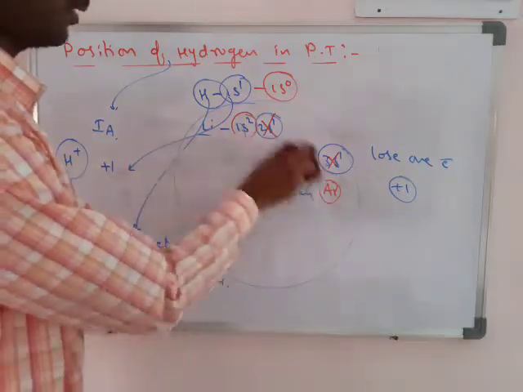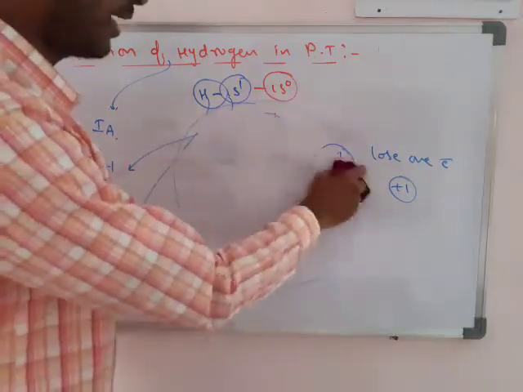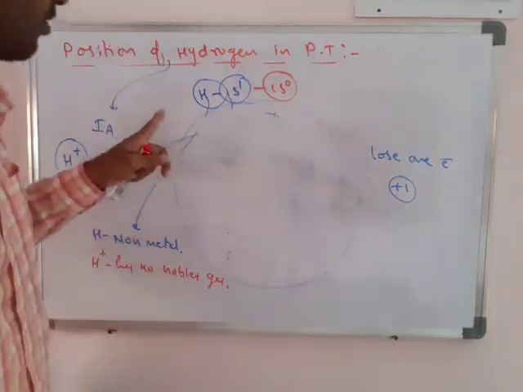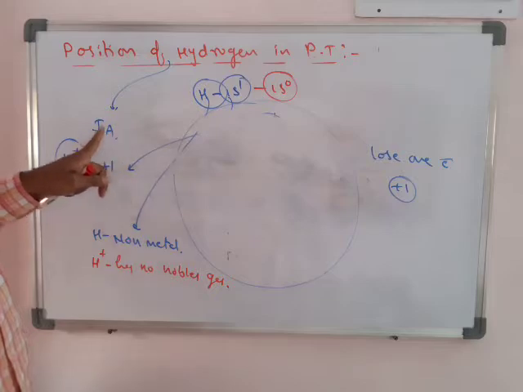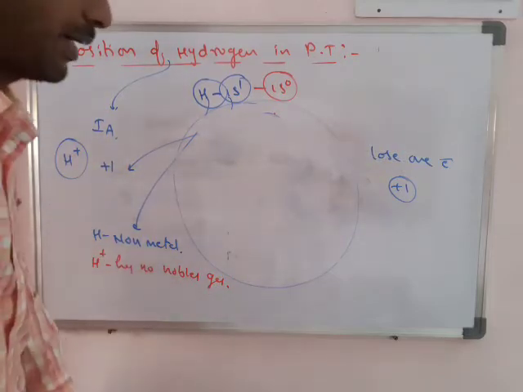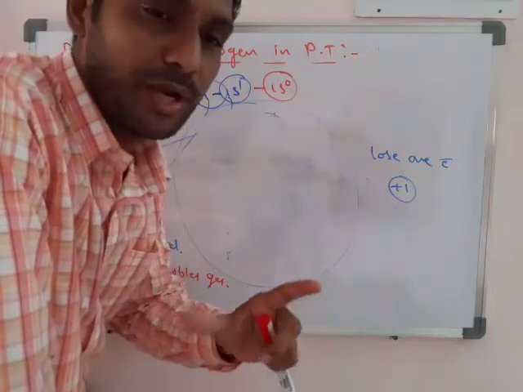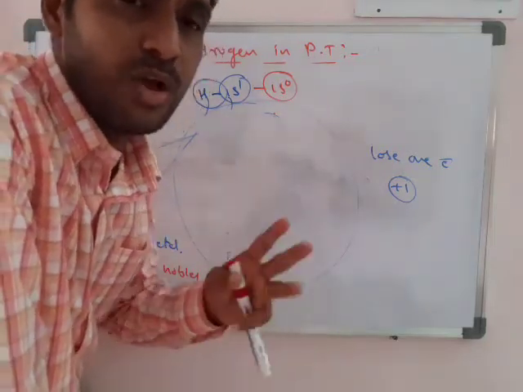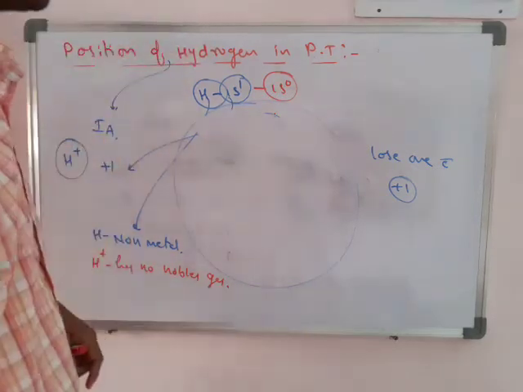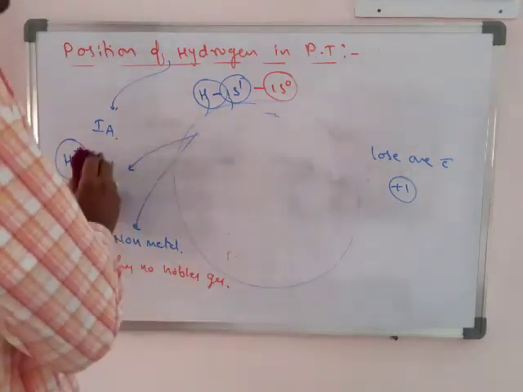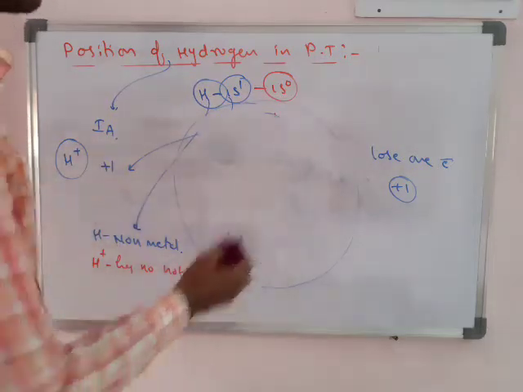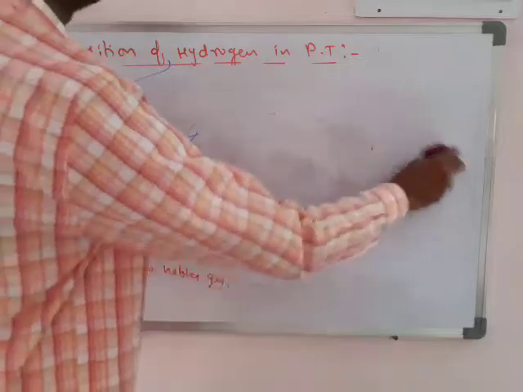So these are the main points which are similar to the 1A group elements and which are different from the 1A group elements. So there are reasons to place hydrogen in the 1A group, and also reasons not to place it in the 1A group. Okay, it shows some similarities with the 1A group elements and also some differences with the 1A group elements.